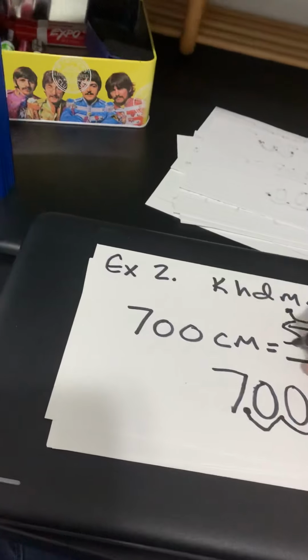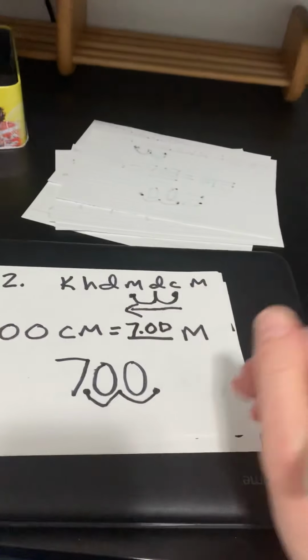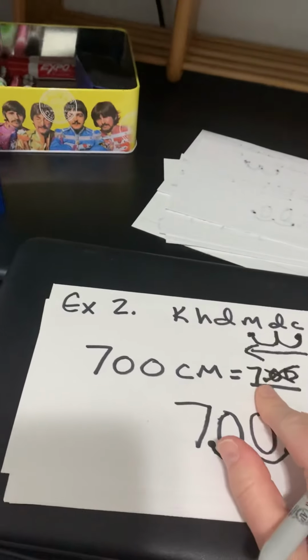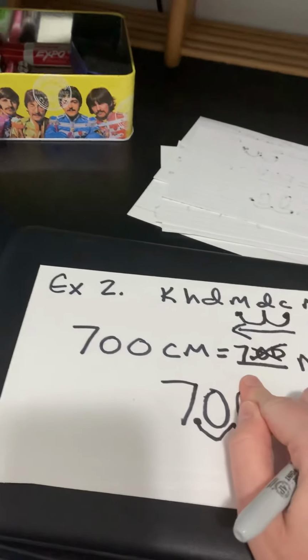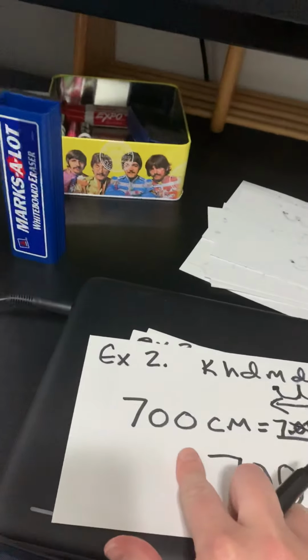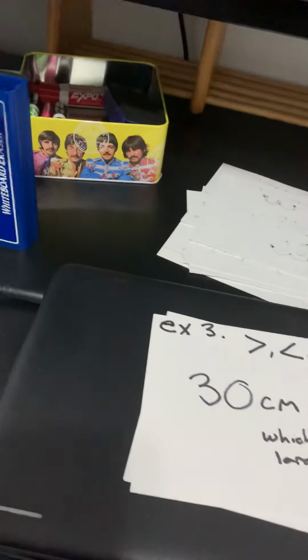If you want to write it with the 2 zeros, like 7.00, that is perfectly fine, but zeros after the decimal by themselves are unnecessary. So 700 centimeters is equal to 7 meters.